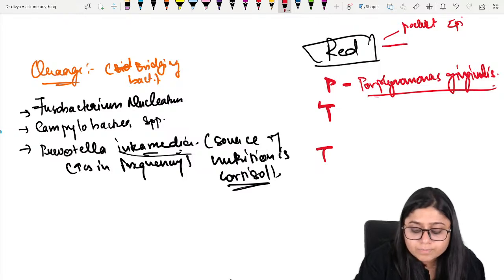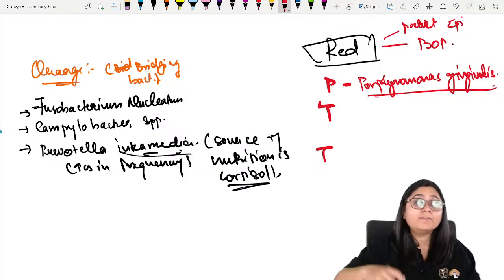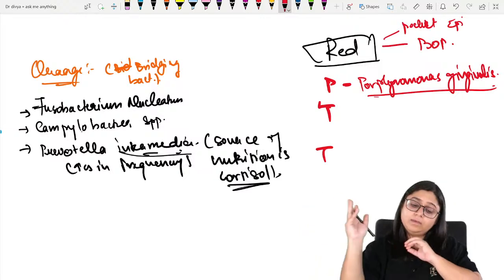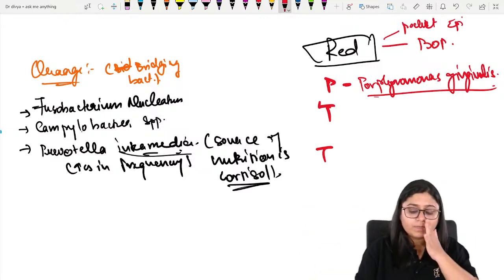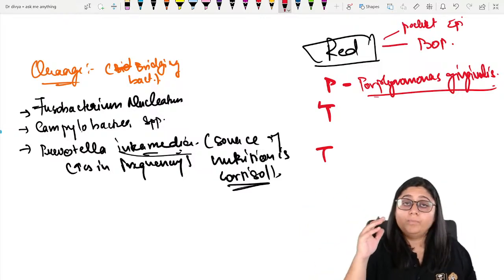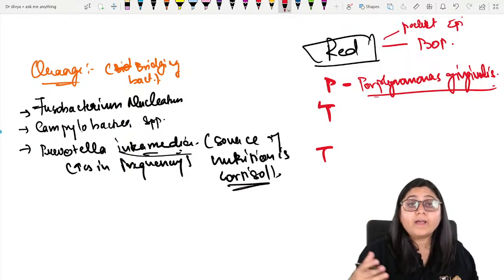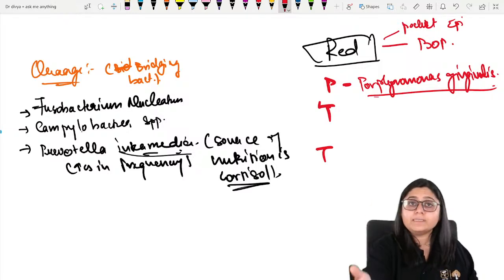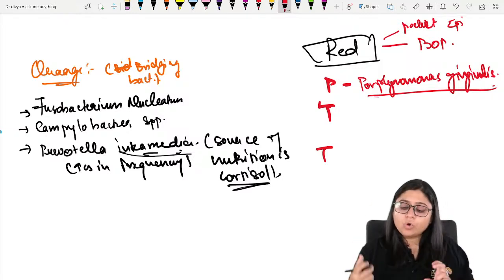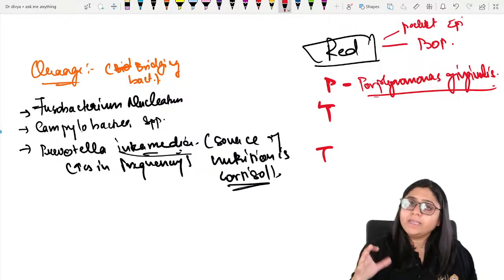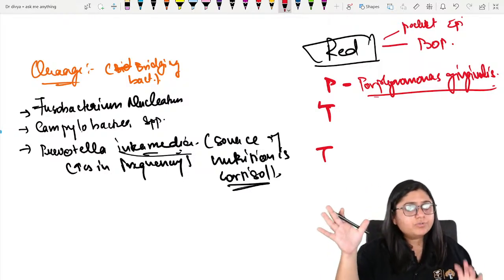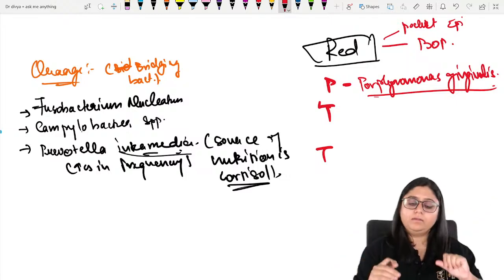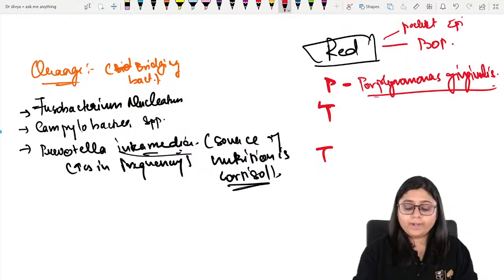This complex is responsible for bleeding on probing. So anything related to red is in the red complex, the danger complex. Porphyrin is a ring that is present in hemoglobin, and hemoglobin is red in color. It is present in the RBCs, right? So you need to remember Porphyromonas, which is a bacteria present in the red complex.